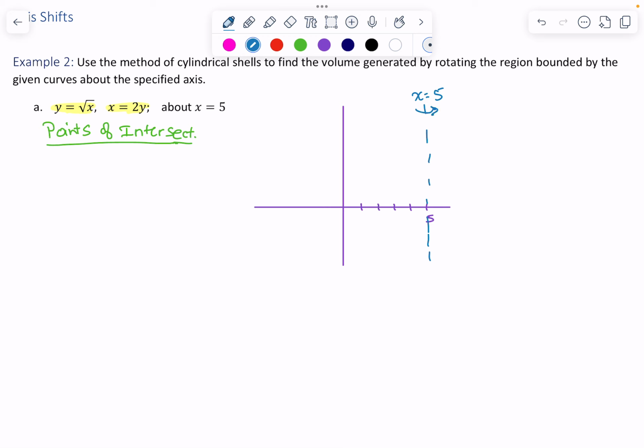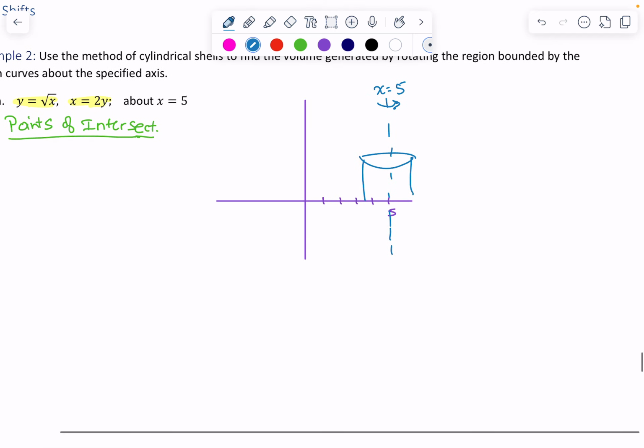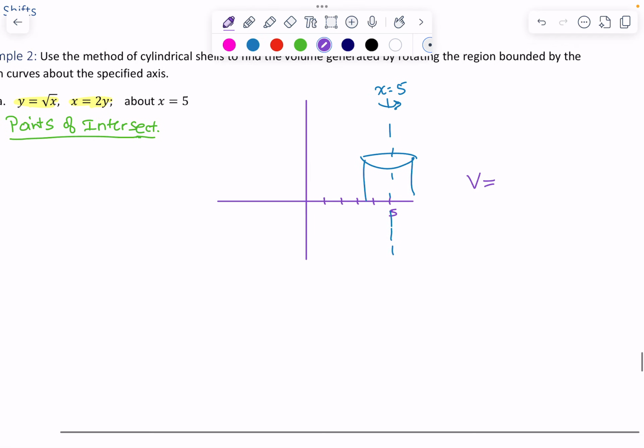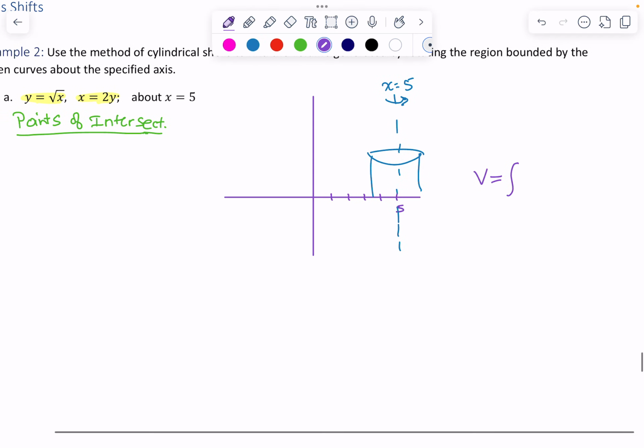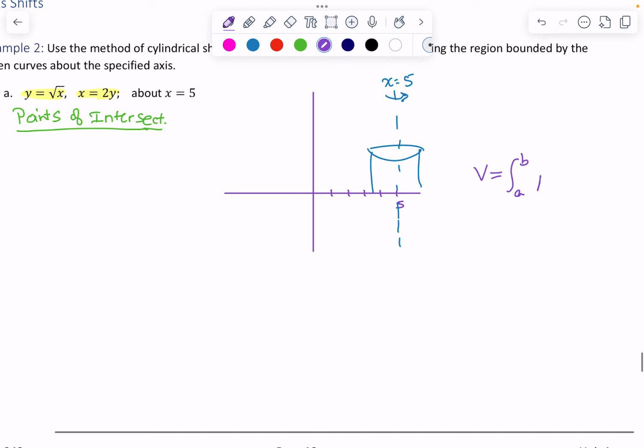If I'm looking at a cylindrical shell, which is what I'm going to use for this one, just to draw one in before I even have a graph, which axis am I cutting through? I'm cutting through the x-axis, right? So I want to get to v equals the integral from a to b of A(x) dx, because I'm cutting through the x-axis.